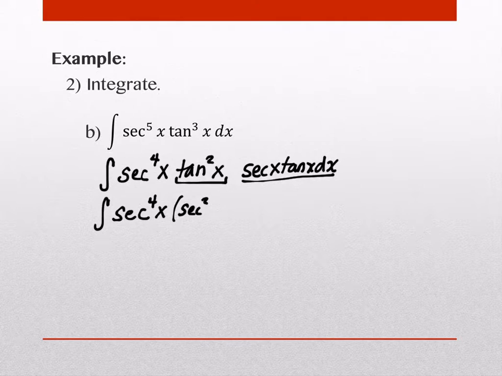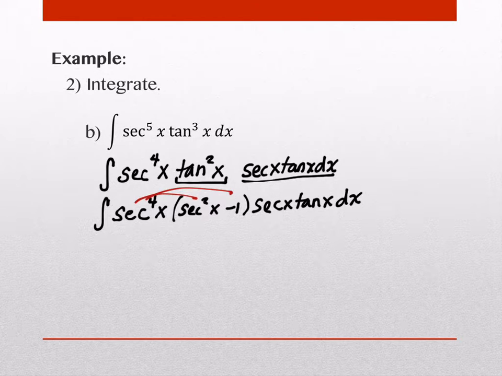Secant squared of x minus 1. Okay, so far so good. And then I can distribute through that, right? Right here.